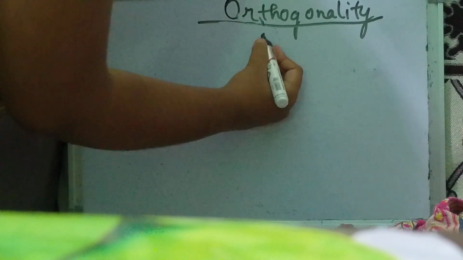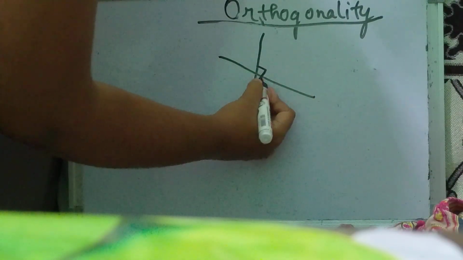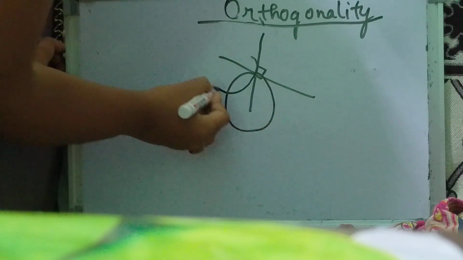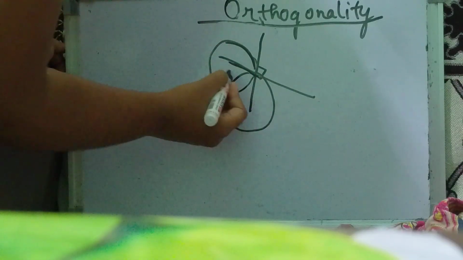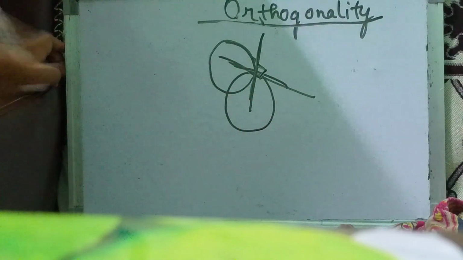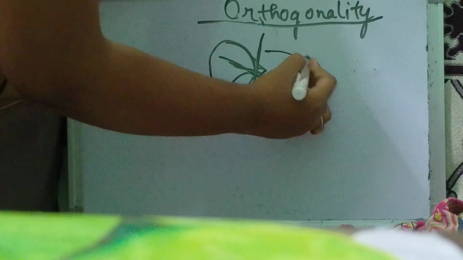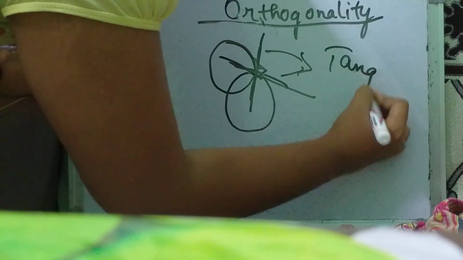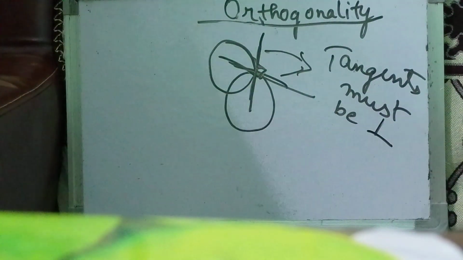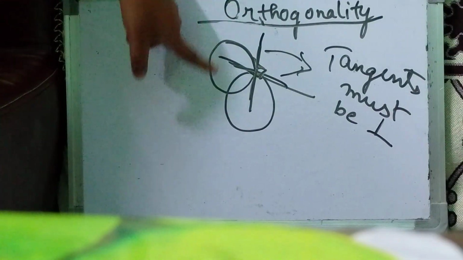For orthogonality, this tangent and this tangent must be perpendicular. If this is the circle and this is another circle, their tangents must be perpendicular, like this. Then they will be orthogonal.